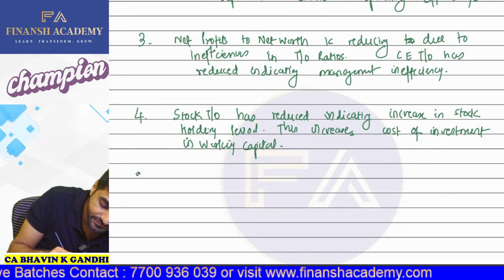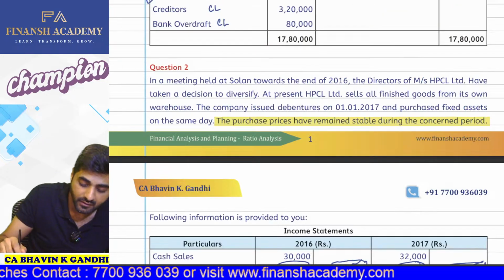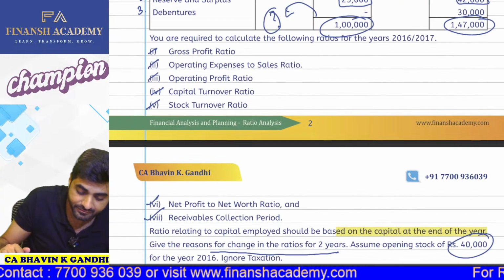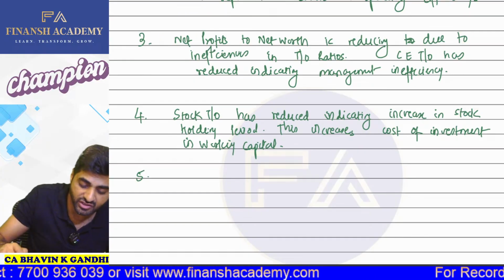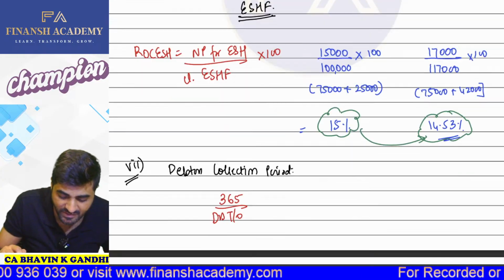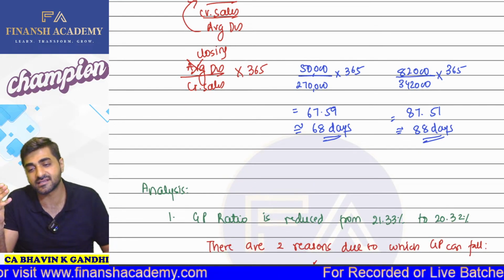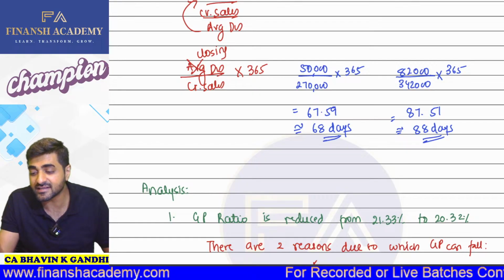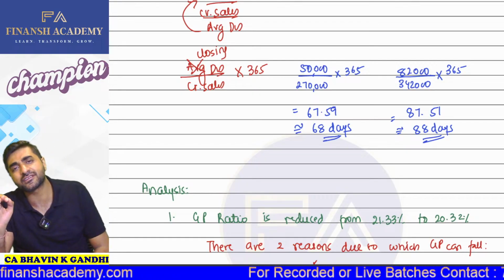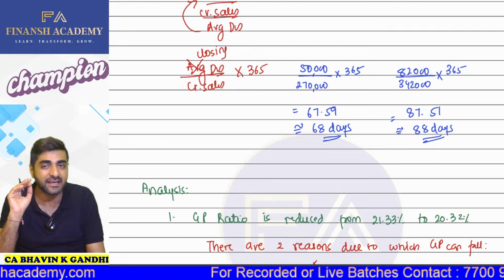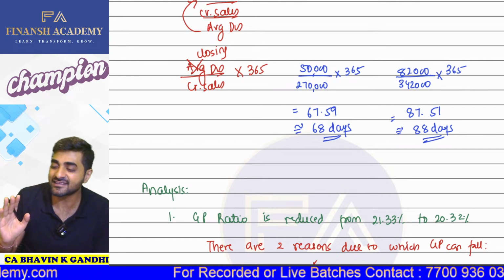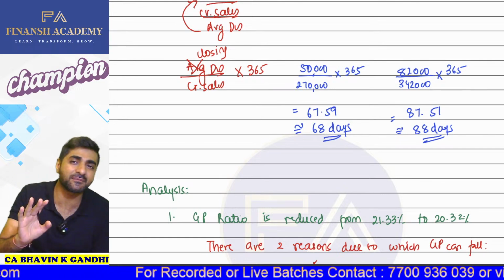Next, fifth. What is fifth? Which analysis further is possible? The last one, which is debt collection period. Debt collection period has increased. So what does this indicate? Does this indicate efficient receivables management or inefficient receivables management? The answer is, this indicates inefficient receivables management.